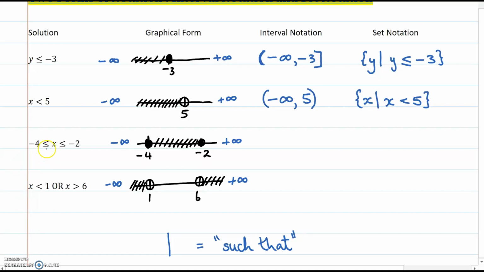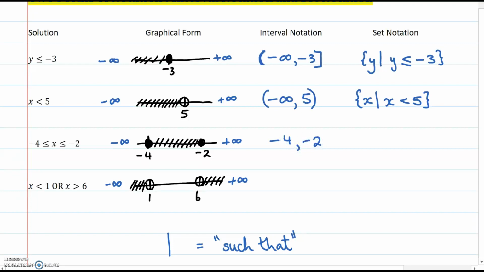On the third example, x goes from -4 to -2. Our interval starts at -4 and goes to -2. The infinities aren't involved here because it starts and finishes well away from the infinities. So we're going to go from -4 to -2. That's going to be our answer.